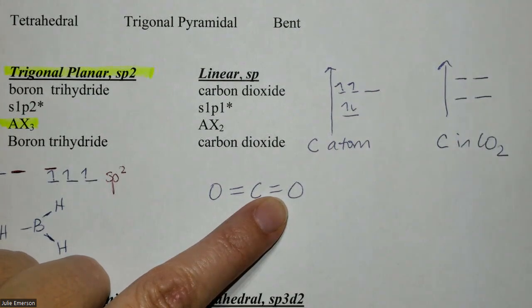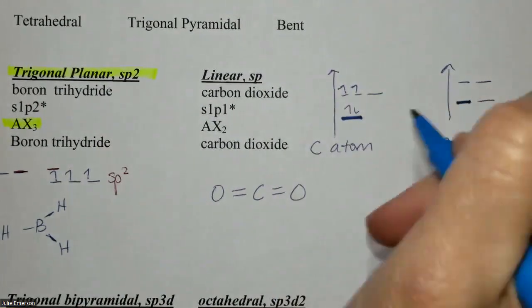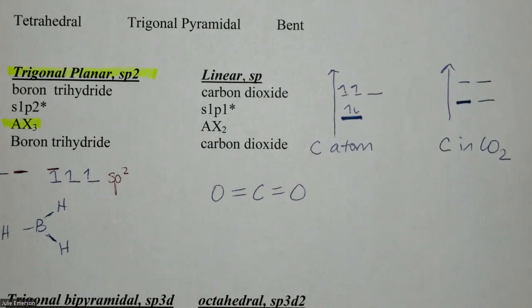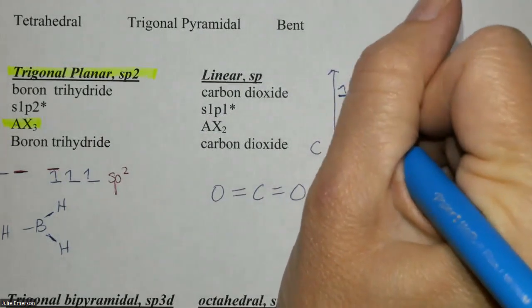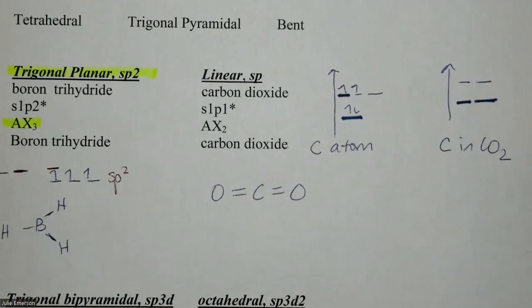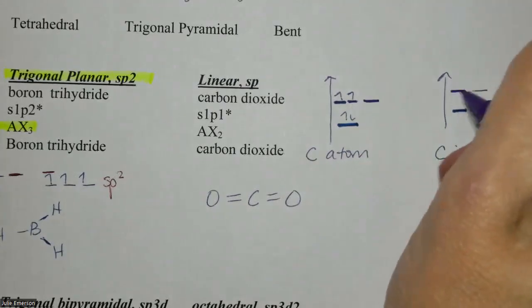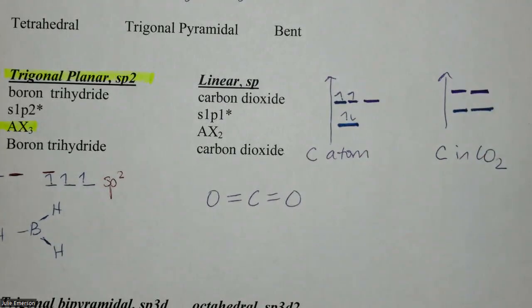All right, now let me see if I can color code these. So here's this one moving a little bit higher up in energy because it's hybridizing, partnering with this one up here, moving down in energy because it's hybridizing. And the 2 that aren't hybridizing, they're just going to stay right at their same energy level. All right, that part you really don't have to worry about, but this is what happens.